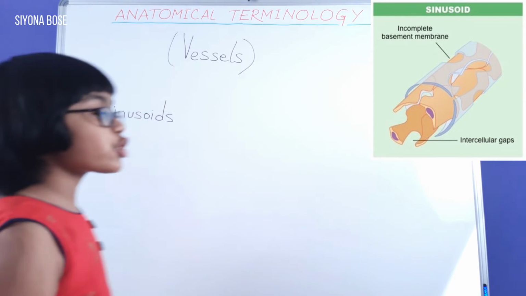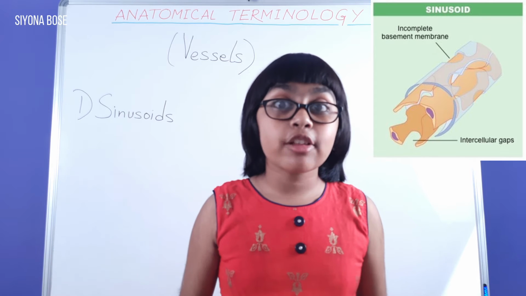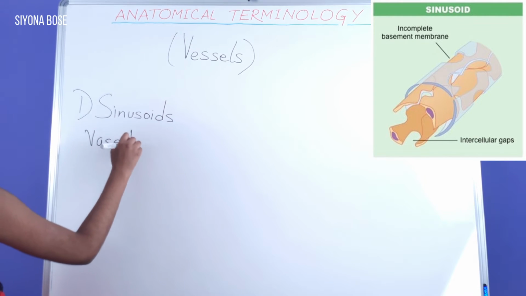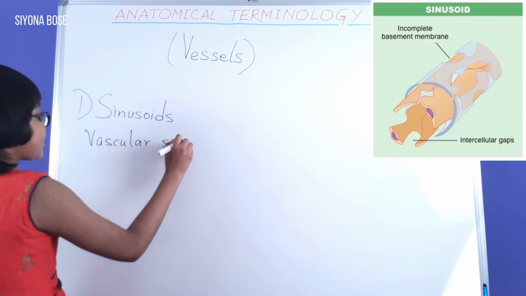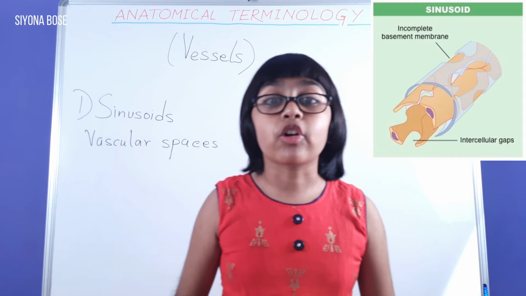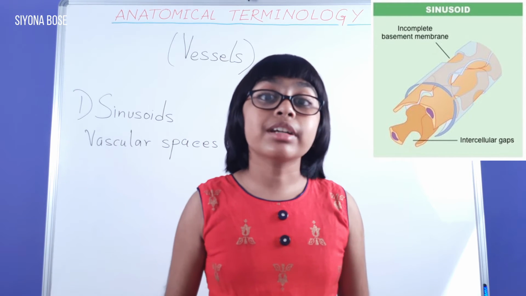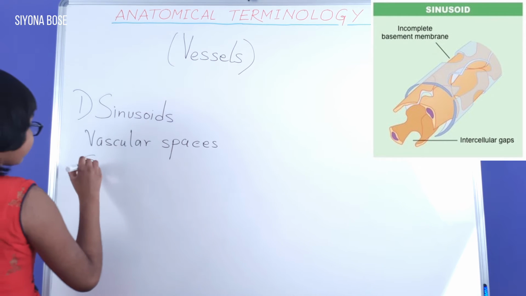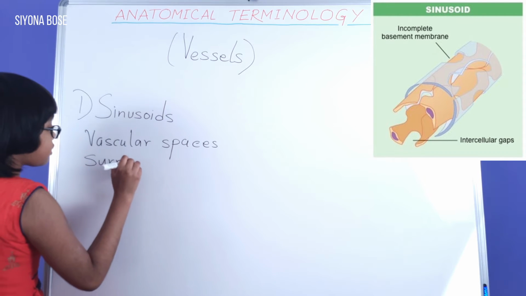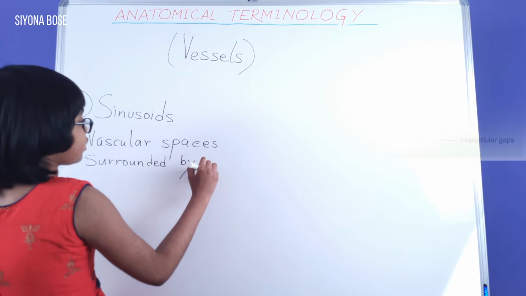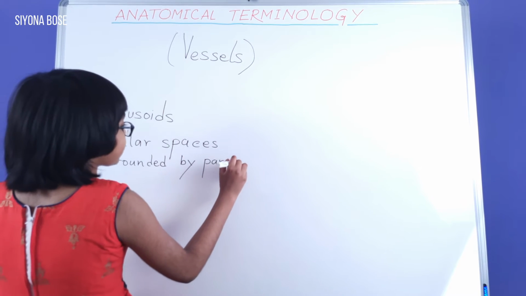Sinusoids are large, irregular, vascular spaces in some organs, and they are surrounded by parenchyma of that specific organ.